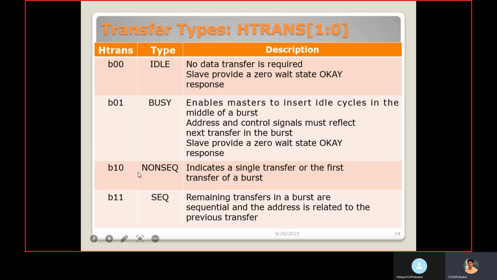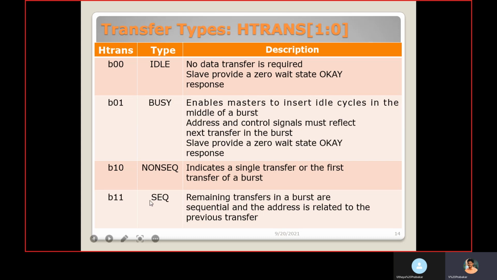Then non-sequential. If you give 2, that is 1, 0, nothing but 2. 2 represents non-sequential, which indicates a single transfer or the first transfer of a burst. When you are starting a burst transfer, the first transfer type is nothing but non-sequential.